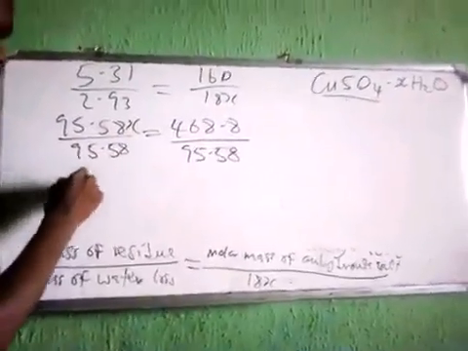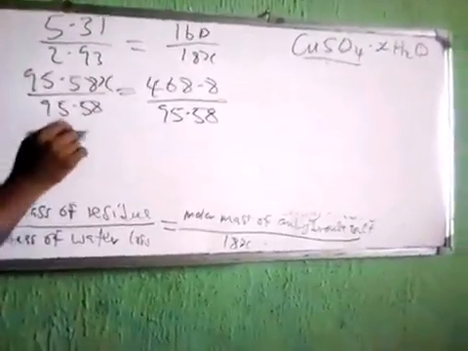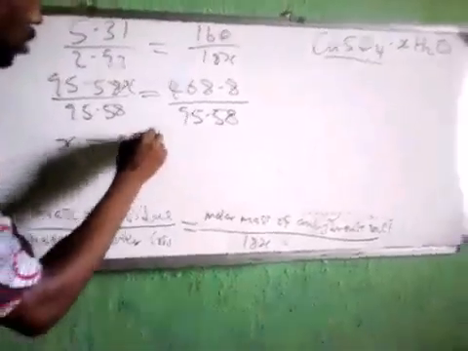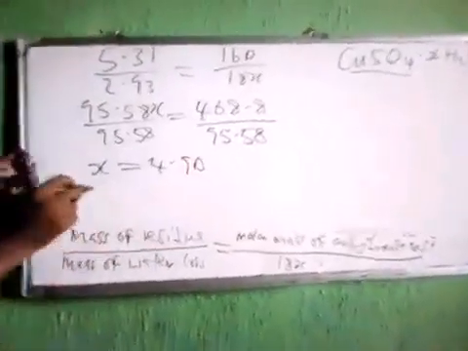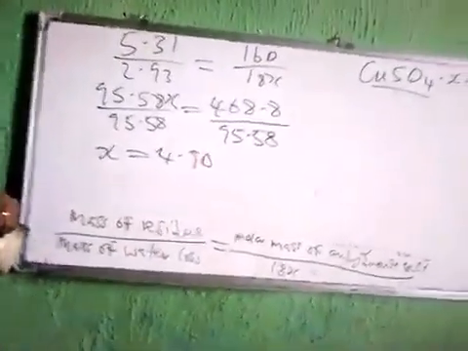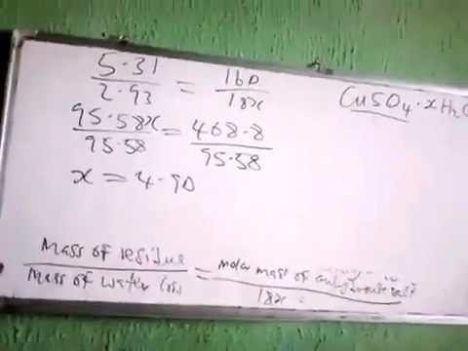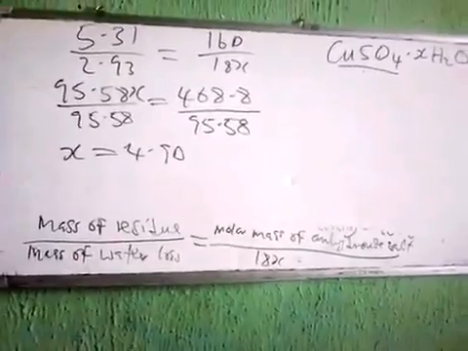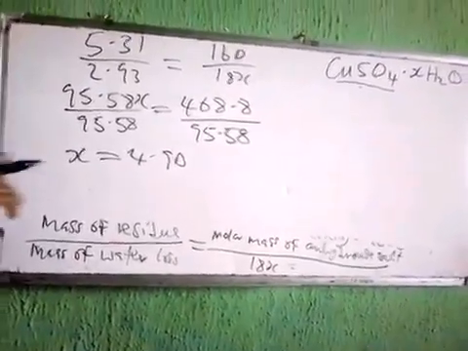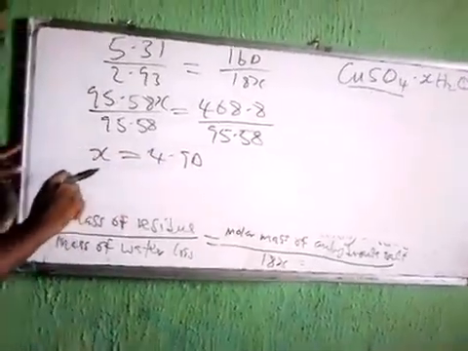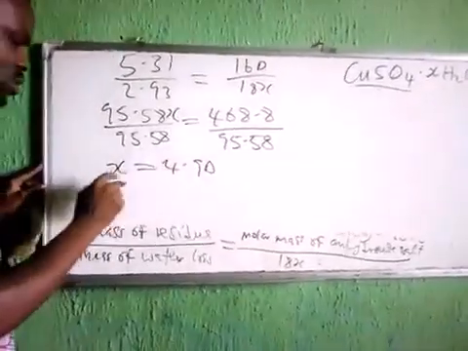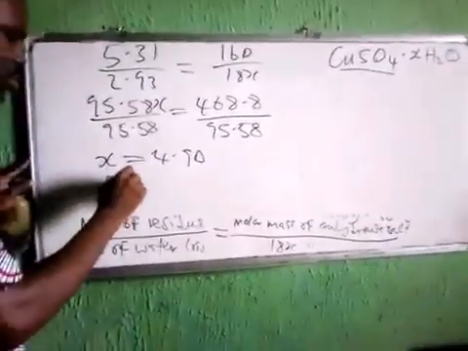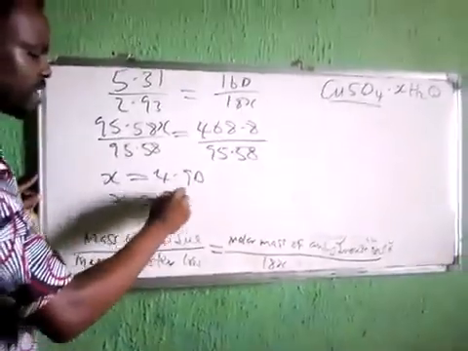So you have x equal to 4.90, which is approximately 5.